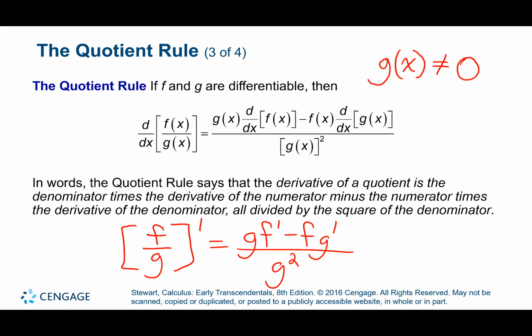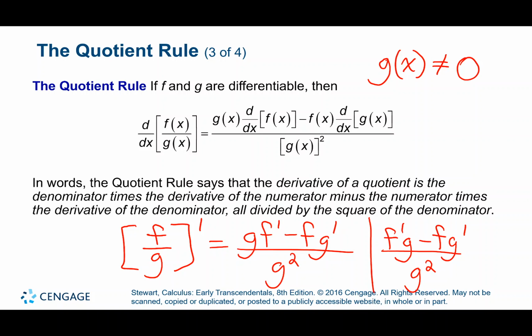So the way I remember it is f prime g minus f g prime over g squared, because we can switch the order of that first one.